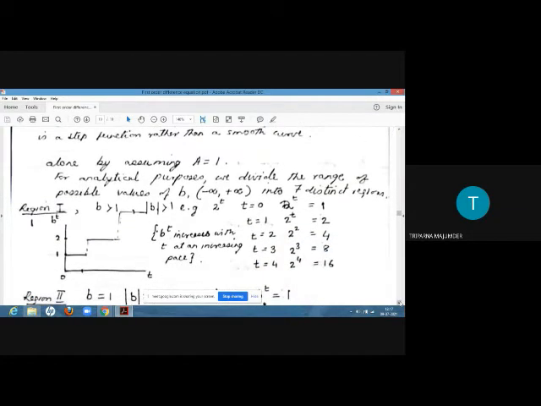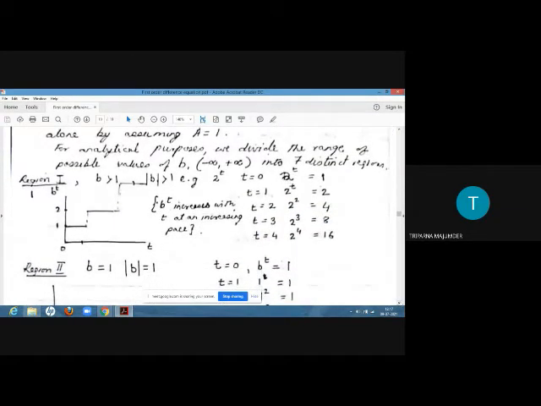Now, for analytical purposes, we divide the range of possible values of b from minus infinity to plus infinity into 7 distinct regions. Region 1, we take the value of b to be greater than 1. Any value we can take, that is, we are taking the value of b to be 2 in our example.